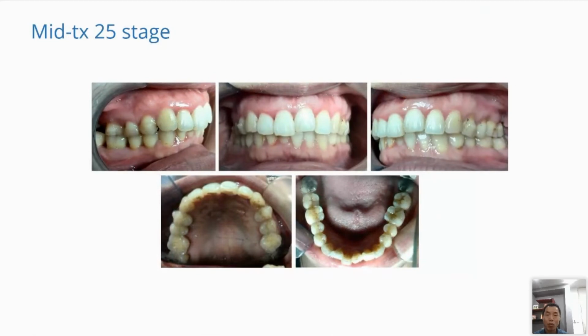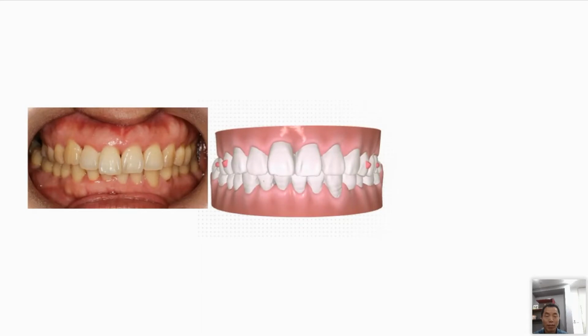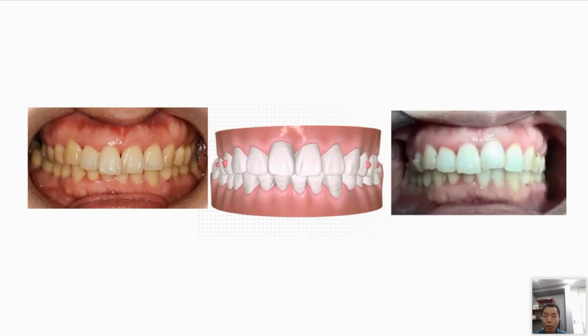This patient also wore all the aligners and came back and we see that this tooth was intruded. How did it happen? This is before treatment. This is the final position I also designed, and this is the clinical result.